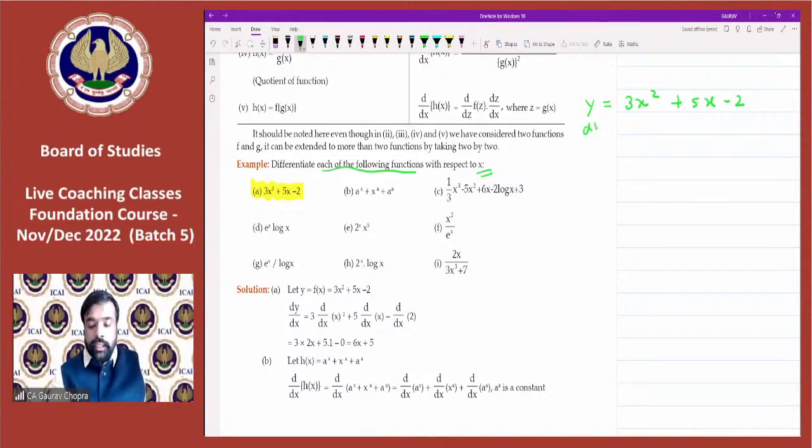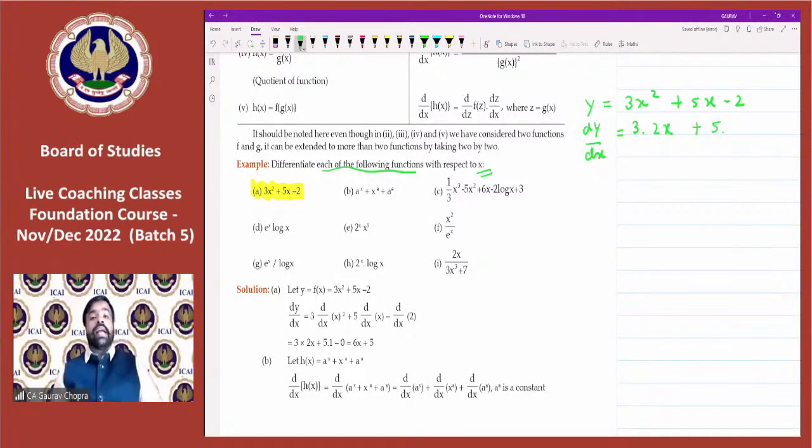So we will write dy by dx. That means we are differentiating the whole function. First of all, we have to differentiate 3x square. Now we can do it directly, no need of writing d by dx of 3x square, then d by dx of 5x. So 3x square: 3 will remain as it is, and for x square, it will be 2x. Then for 5x, 5 will remain as it is.